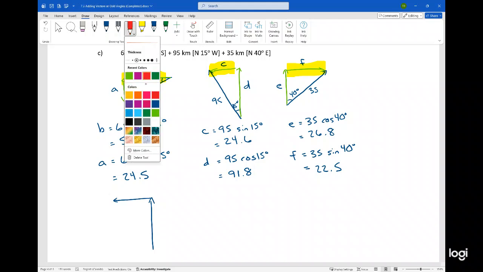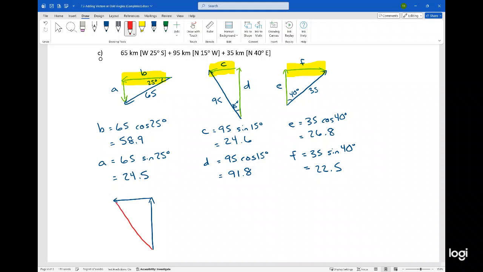And the resultant vector will start here and end there. I'm going to call this X and Y. And we're going to need a theta down there. That's our starting point.